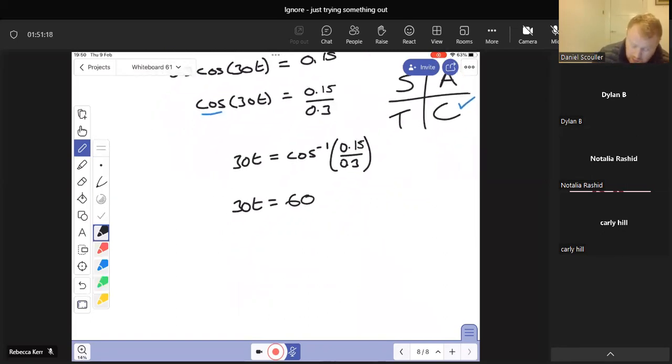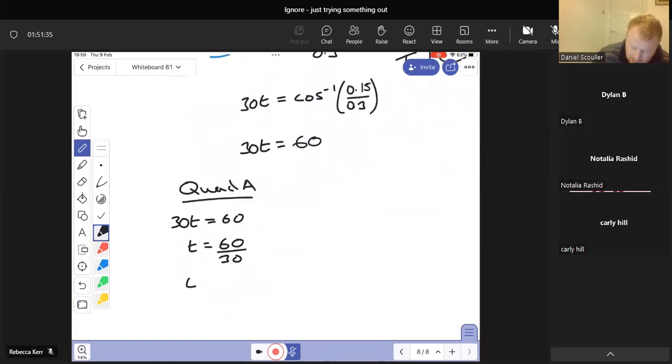I'm going to take that answer and put it into quad A. The quad A stays the same, so 30t equals 60. That means I can simplify it down now. Take that 30 across, get t equals 2.